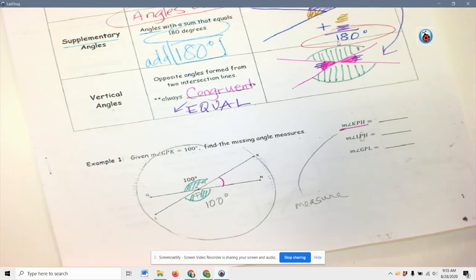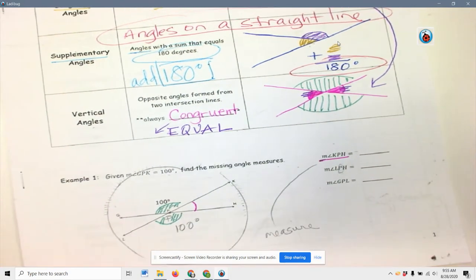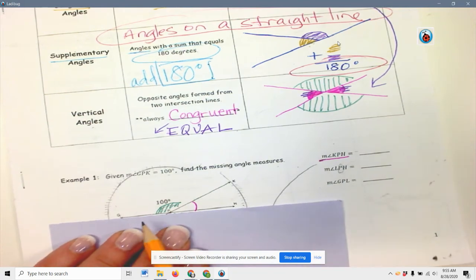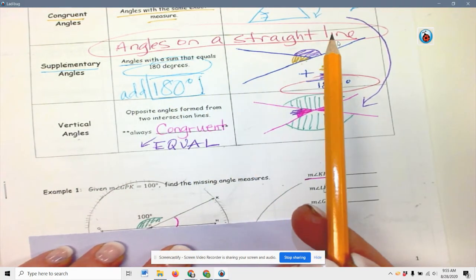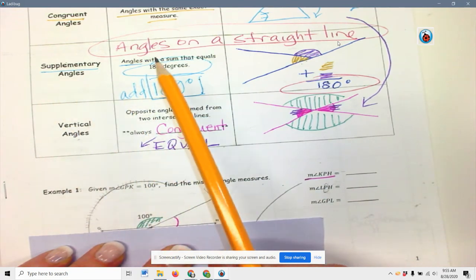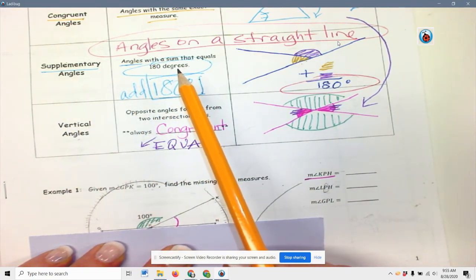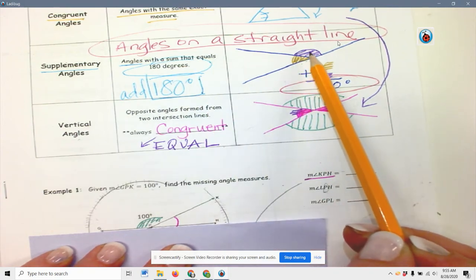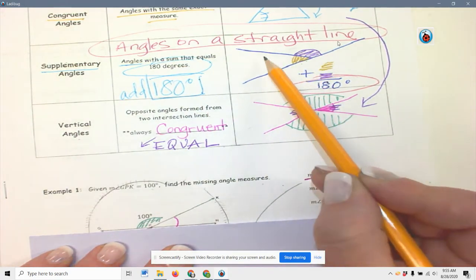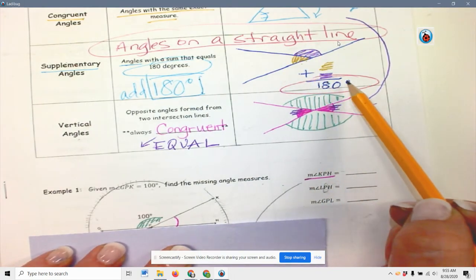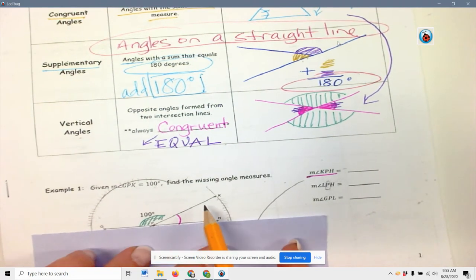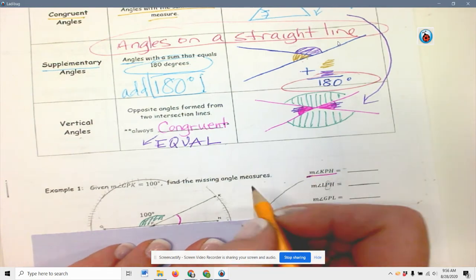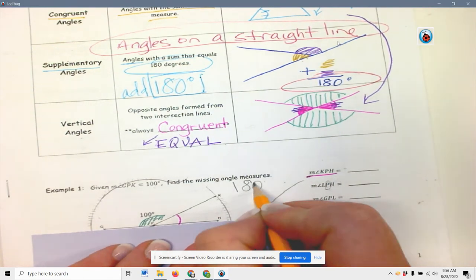The next thing that I wanted you to notice is that if we're looking for this missing angle, sometimes it's helpful to find a straight line. We learned that angles on a straight line are always supplementary. That means they always are 180 degrees. We said that this gold angle and the purple angle, if we add up the measure, that would equal 180 degrees. So for this big angle and the little angle, because they're on a straight line, we know they have to add up to 180 degrees.